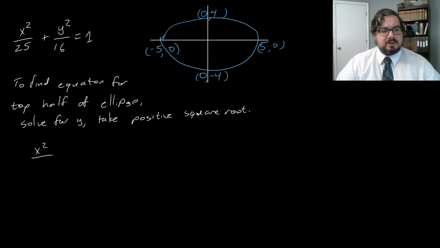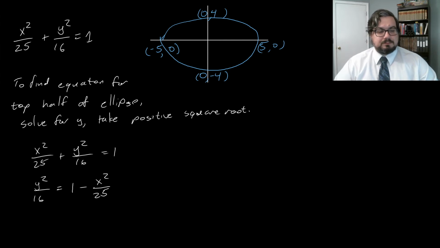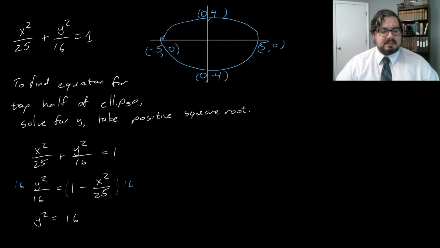If we've got x squared over 25 plus y squared over 16 equals 1, and we try solving for y, then we get y squared over 16 is equal to 1 minus x squared over 25, just by subtracting x squared over 25 from both sides. Now we'll multiply both sides by 16, and we'll get y squared is equal to 16 minus 16x squared over 25.